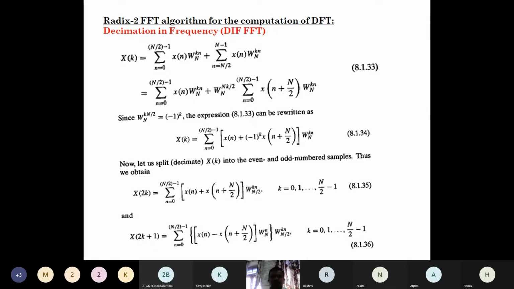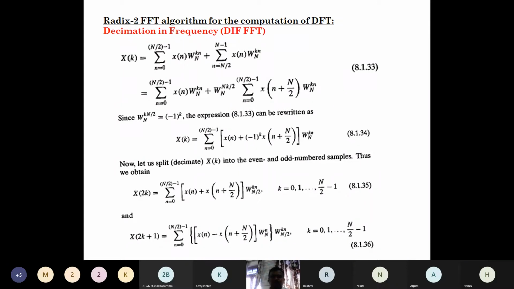What is that segmentation? Even if you go for only two divisions, even element and odd element, how many computations are you going to do? It is N by 2. So why do we need to go for the even and odd category? Let us have once again two segments, two parts of the X of k calculation.